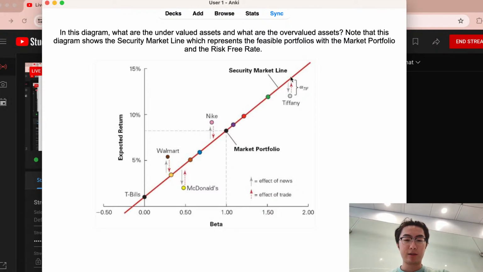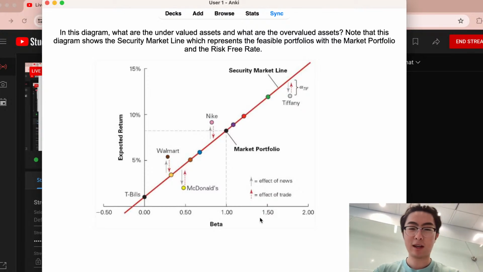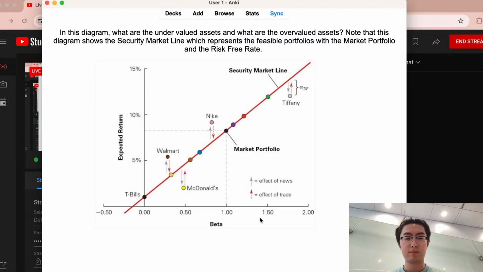This red line here is the security market line, and then you have the expected returns on the y-axis and the betas on the x-axis. So usually, if you have a higher beta, you would expect a higher expected return if you're maybe a CAPM purist. But the big idea here: more risk equals higher return.